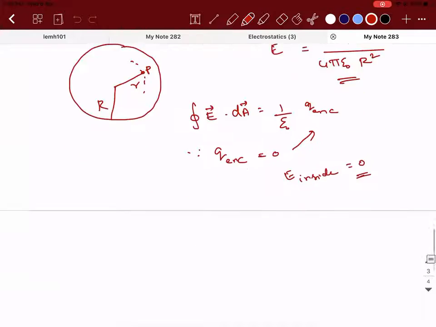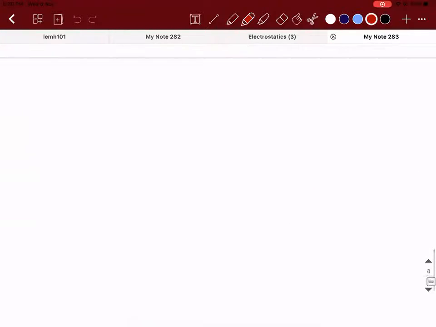Am I clear? Right. So electric field, if I write it as a function of r, then I can say it is equal to 0 for r less than capital R. When the value of small r is less than the radius itself, it is this value.